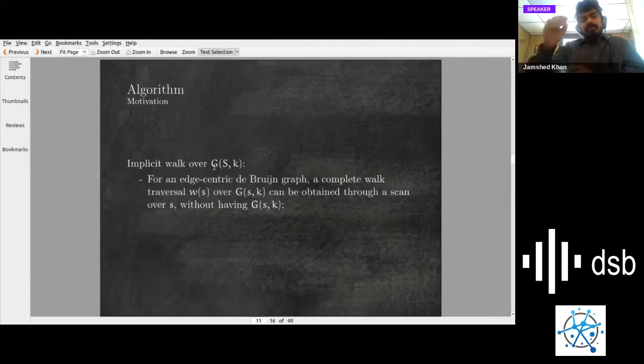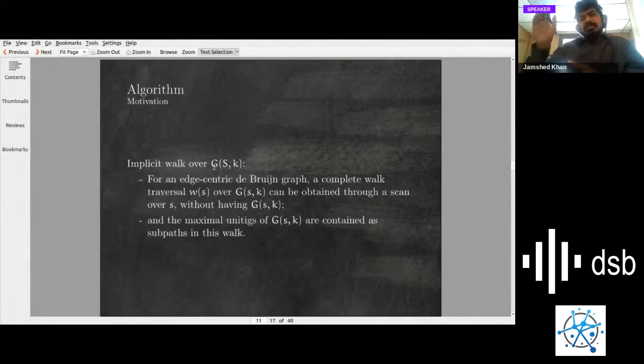So if we scan over the input strings, we encounter each k+1 mer one by one. So we are visiting each edge one by one, and the edges are adjacent. In this manner, we can have an implicit walk over the original De Bruijn graph without having the graph explicitly, in some explicit format. So this gives us a way to walk over the graph without having it.